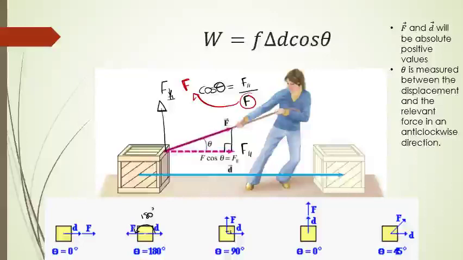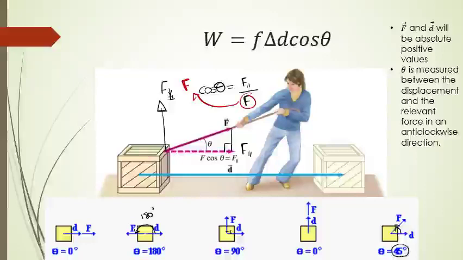And over here, as my force is at an angle to the direction of my box moving, I end up getting whatever angle that is. So in this case, it's 45 degrees as stipulated, but it's not necessarily going to be 45 degrees all the time. It could be 30 degrees or 50 degrees.